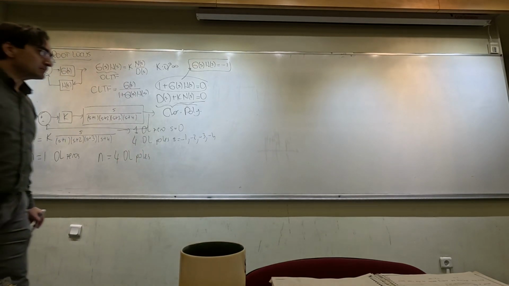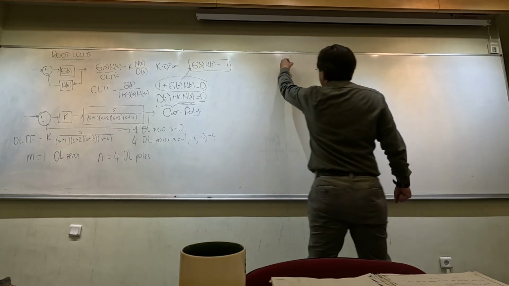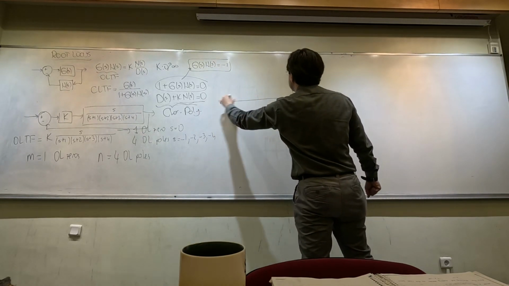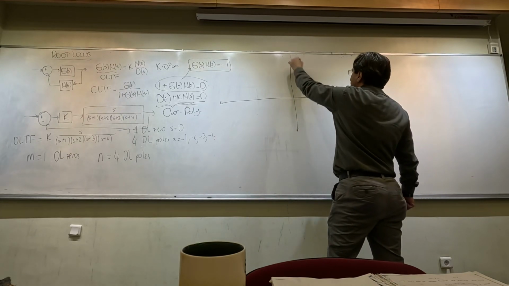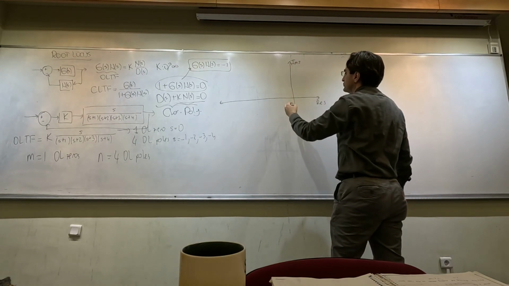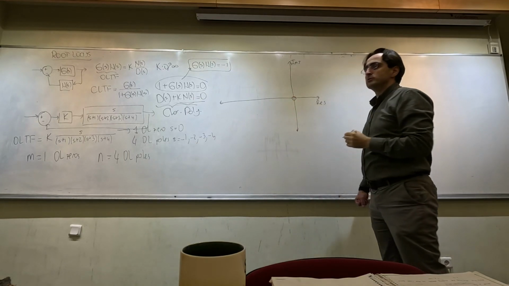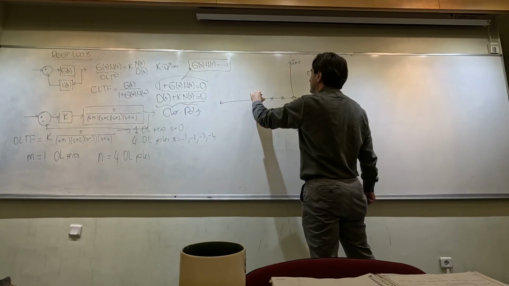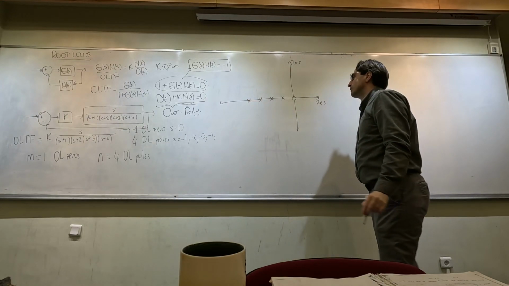Okay? And as soon as we have those quantities, I can actually put them into a complex plane and as a beginning of the root locus. There is one open loop 0 and 4 open loop poles, minus 3, minus 4.